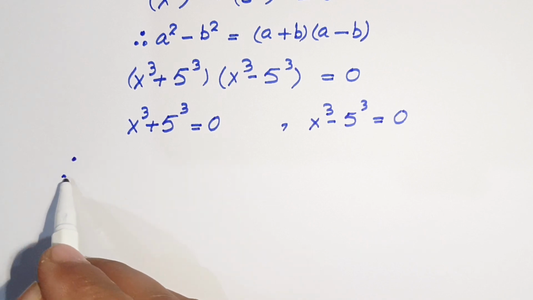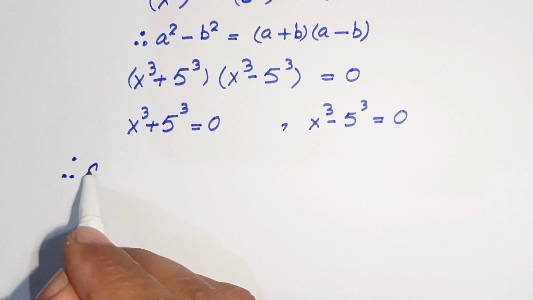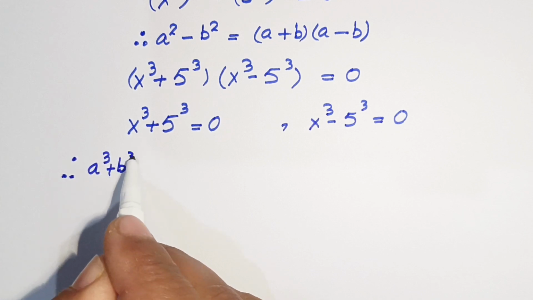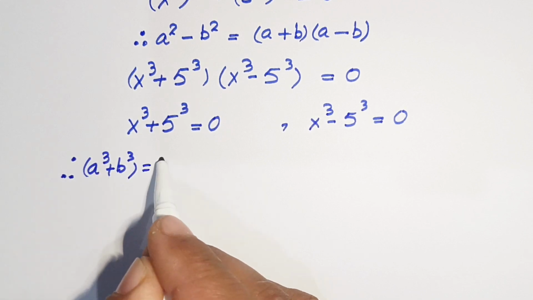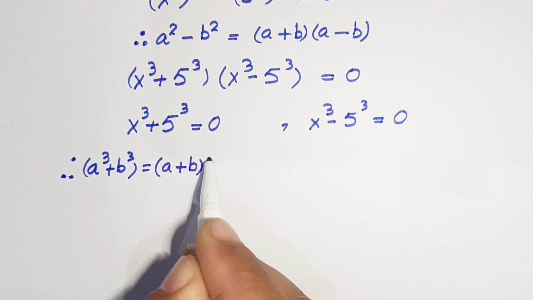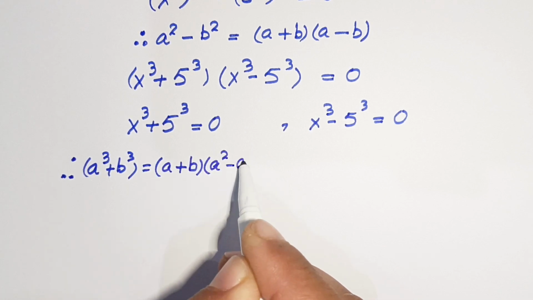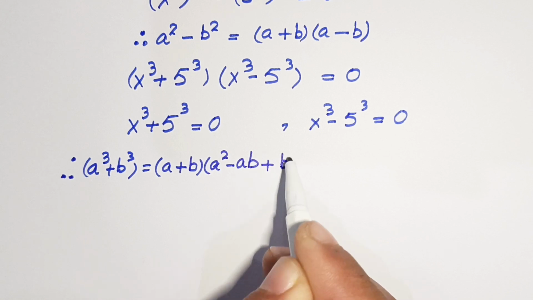As we know by algebraic formula, if we have a cubed plus b cubed, then it will be equal to a plus b times a squared minus a times b plus b squared.